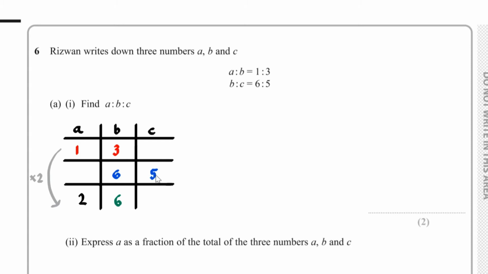And then we multiply the 5 by 1, as the 6 multiplied by the 1 gives 6. So here we would have 5. So when we come to find the ratio A to B to C, we have 2 to 6 to 5.